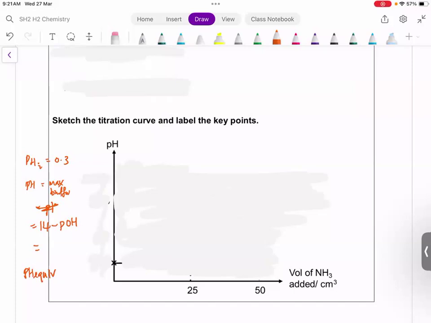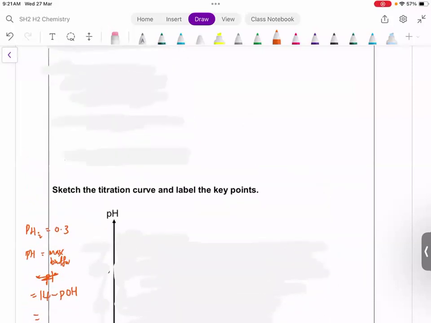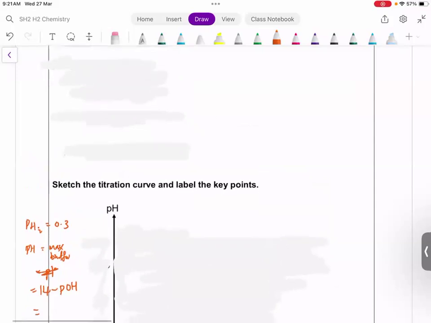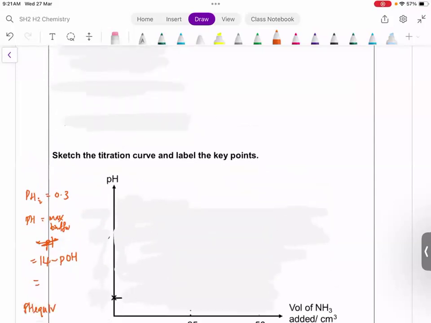40 minus pH is what? So you are calculating the pH at max buffer, is it? The next buffer is, yeah. Correct.